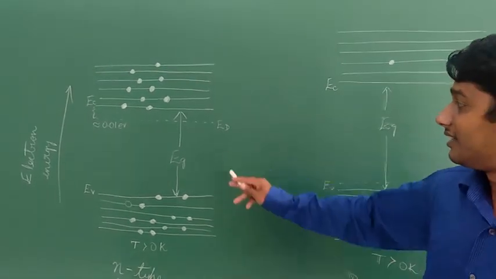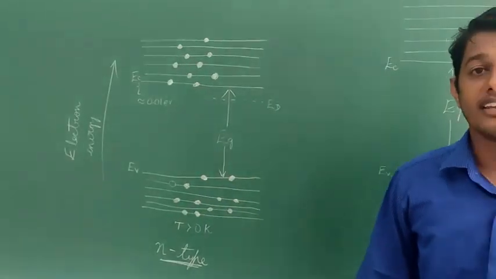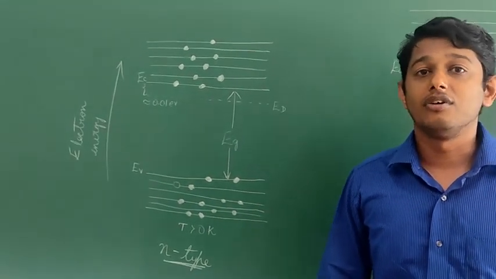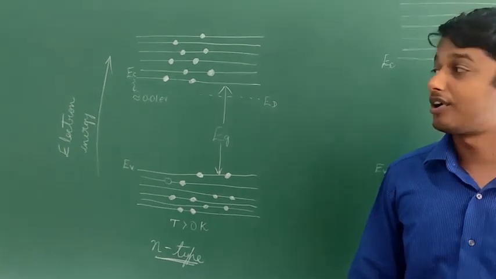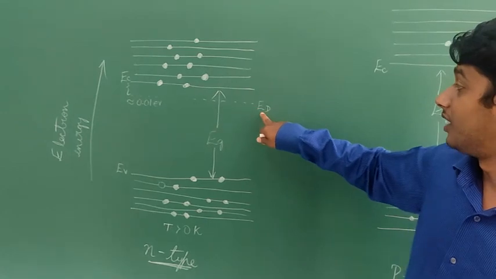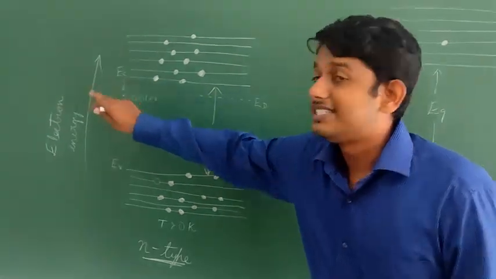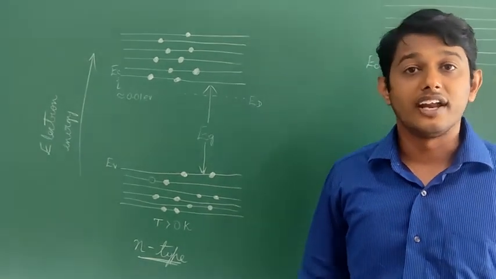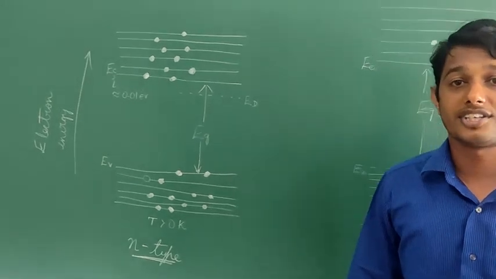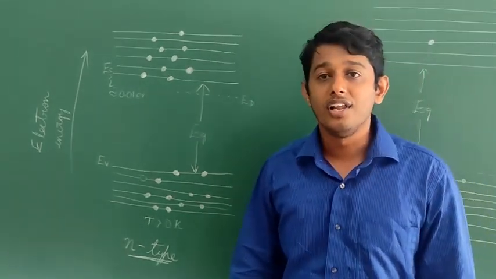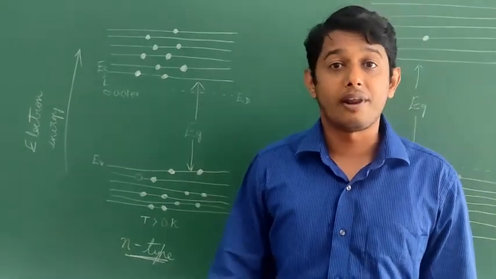You can clearly see that ED, EV and EC are here.